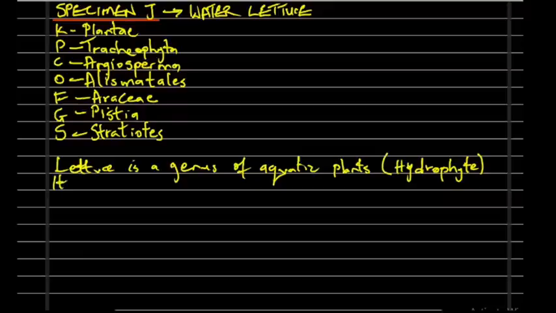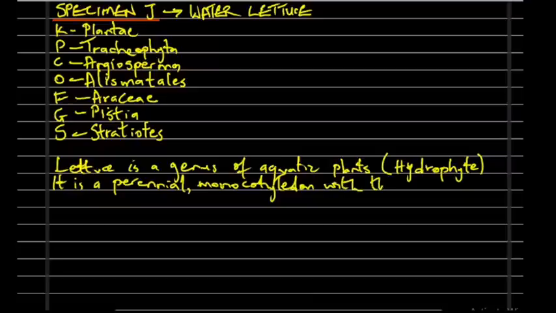It is a perennial, that means it completes its life cycle in 2 planting seasons. It is a perennial monocotyledon with thick soft leaves.